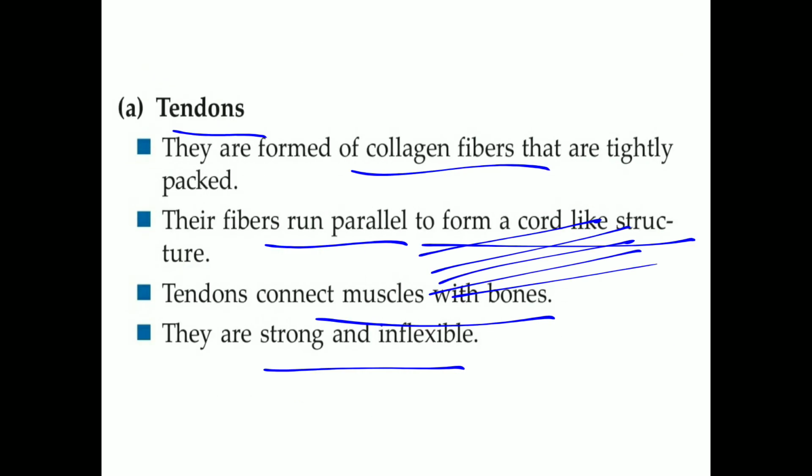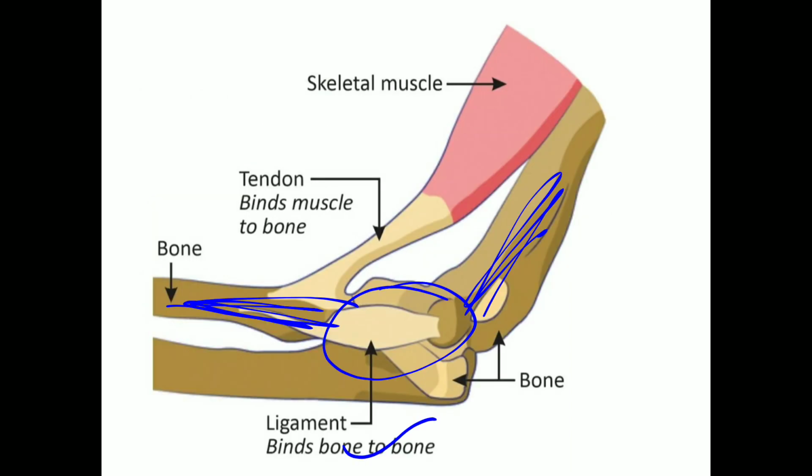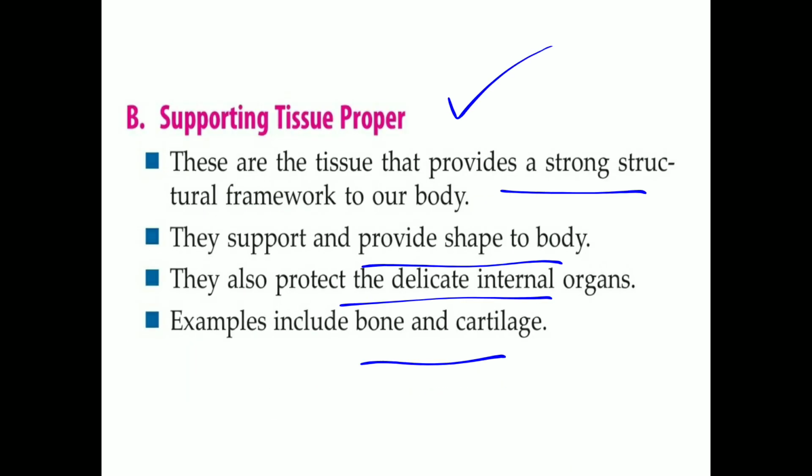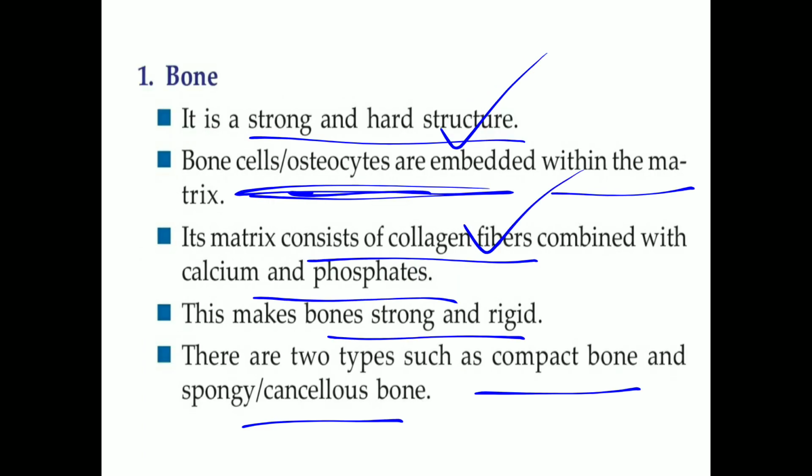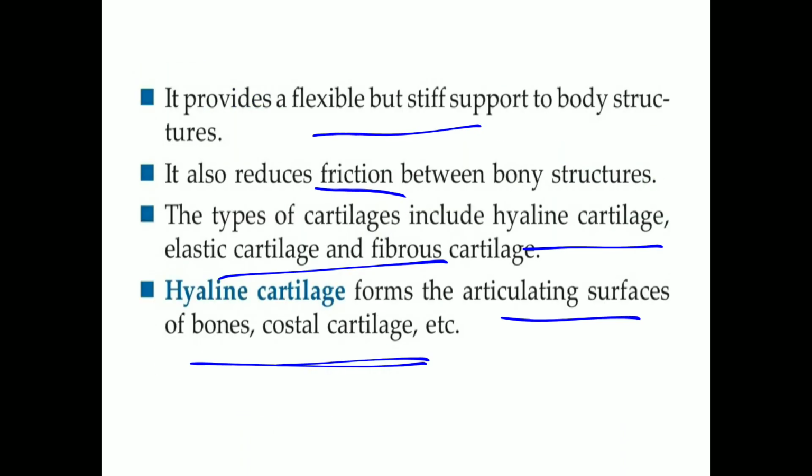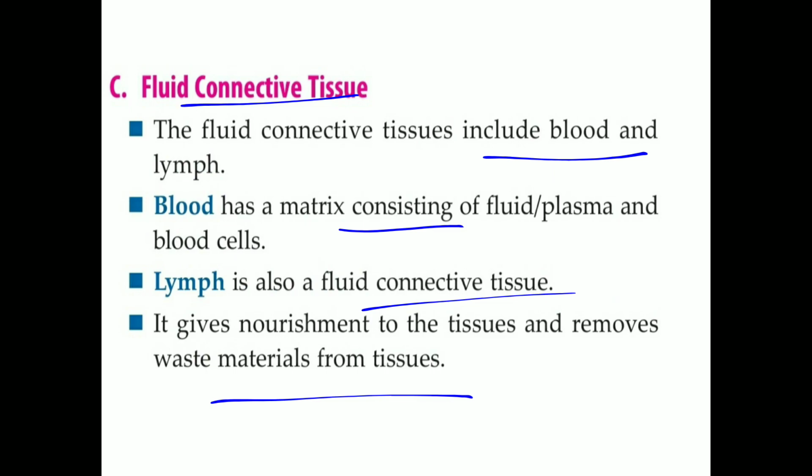In dense connective tissue, we discussed tendons, ligaments, and fascia. We also discussed supporting connective tissue, which includes bone and cartilage, and then fluid connective tissue, blood and lymph.